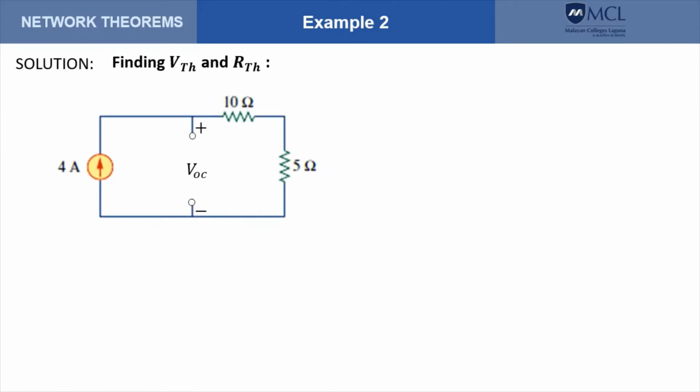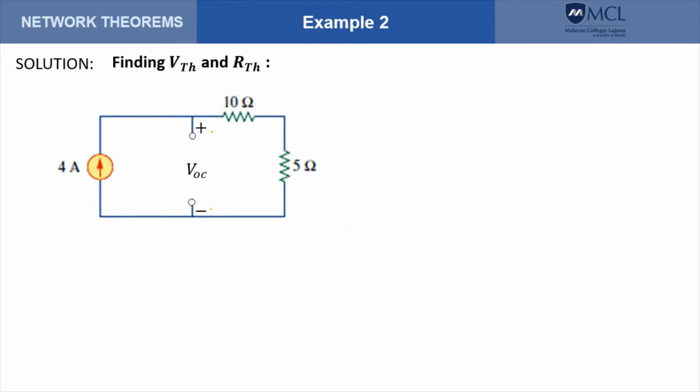So we need to focus on this circuit that we need to convert into Thevenin's equivalent with the 20 ohm resistance removed. And then compute for the voltage VOC across the open terminals with its proper polarity.